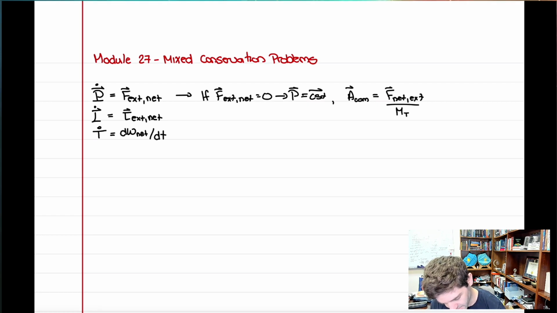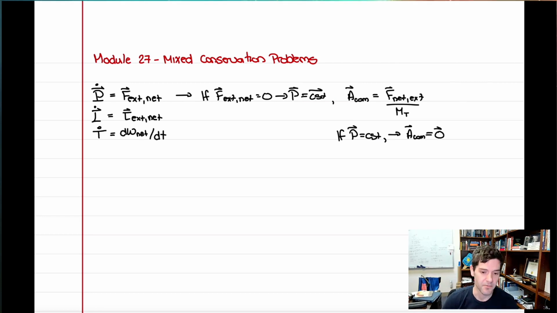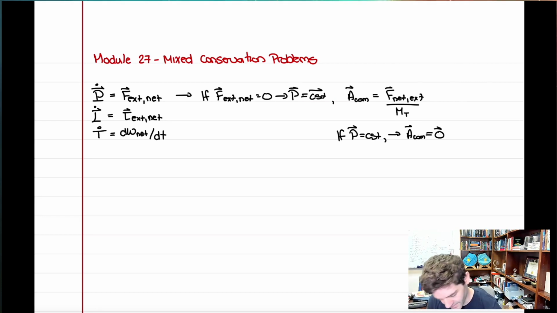And so again, if we take that a little further, if momentum is conserved, that's the same thing as saying that there's no net external force. It looks like by the equation right above, that implies that the center of mass has no acceleration. So then that implies that the velocity of the center of mass is going to be a constant.